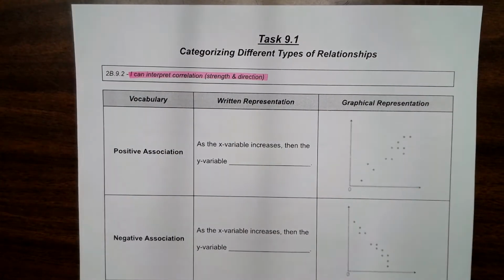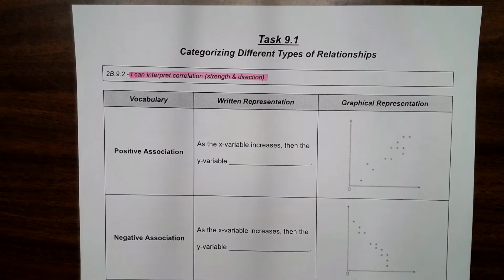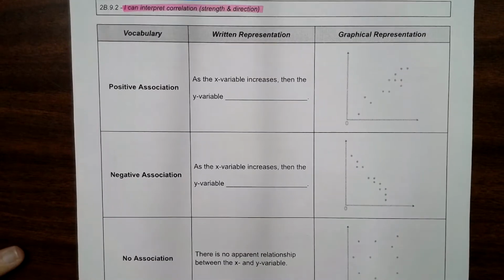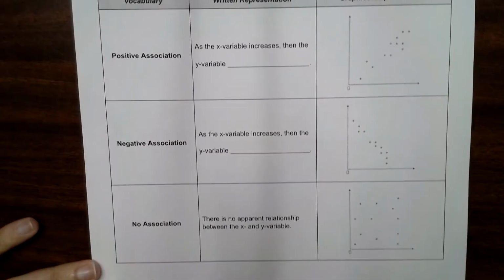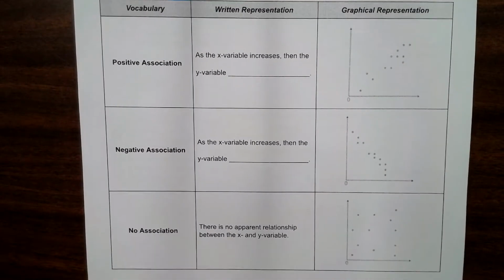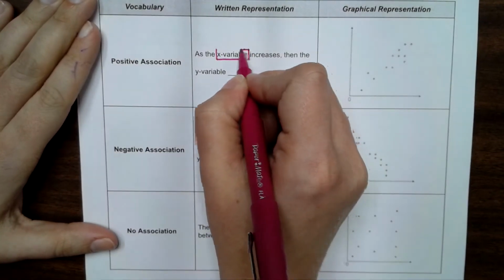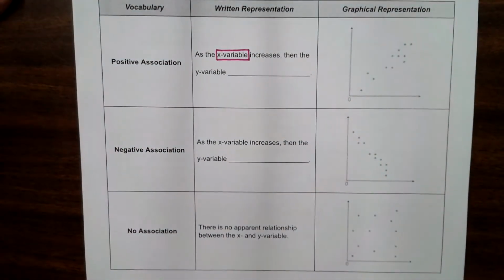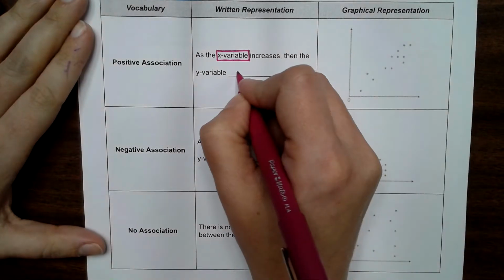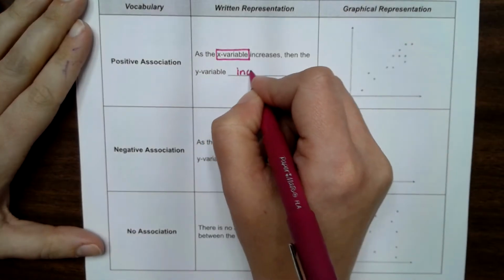Now, there are three different ways that data can be related to each other. The first way that data sets can be related is that they can have what's called a positive association. When there's a positive association, we would say that as the x variable increases, so whatever x stands for in this problem, then the y variable also increases.